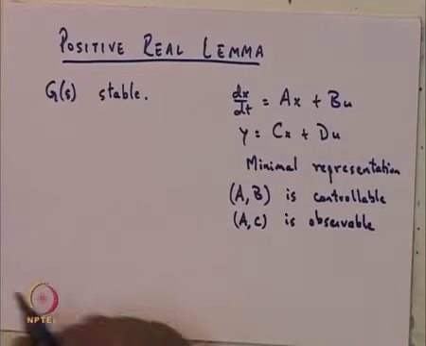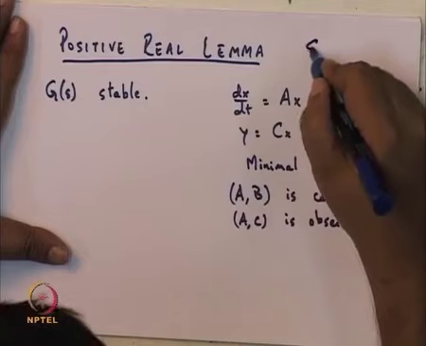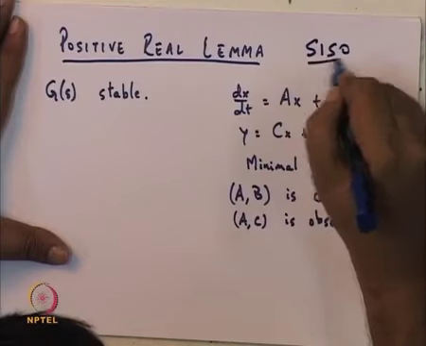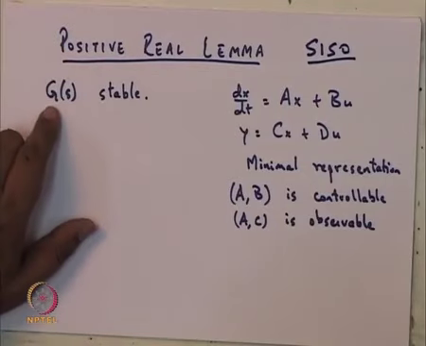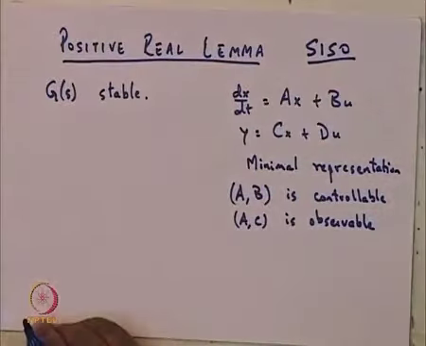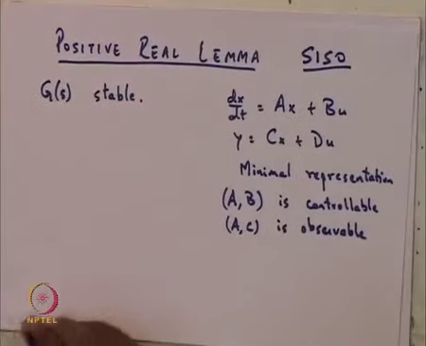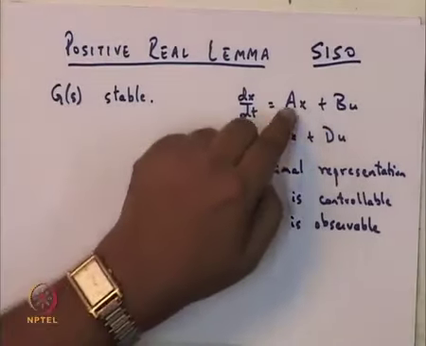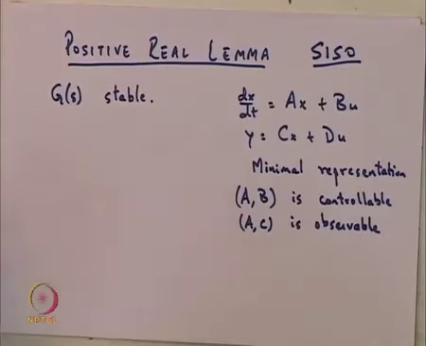Okay. So, what we are saying is we start out with a transfer function. Of course, I am just restricting myself right now to the single input, single output case. So, we are taking a transfer function which is stable. Look at the state space representation, and the state space representation that we are looking at is a minimal representation, which means the A, B, C, D matrices are such that (A, B) is controllable and (A, C) is observable.